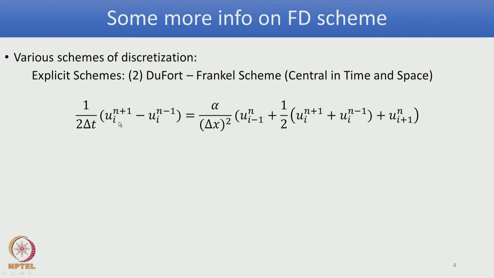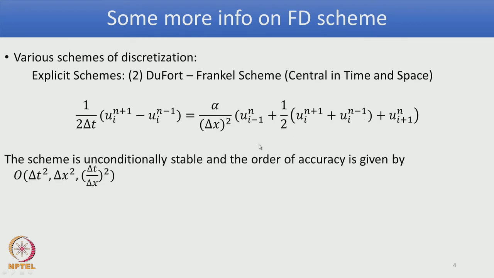It is evaluated as a central scheme in time, which is why you get superscripts n+1 and n-1, and the corresponding denominator 2 appears. For the spatial derivative, it is central in space, but there is a small difference: u of i-1 at level n, so it is explicit. The last term, u of i+1 at the nth level, is also explicit. The middle term is evaluated using u of i, n+1 and u of i, n-1.